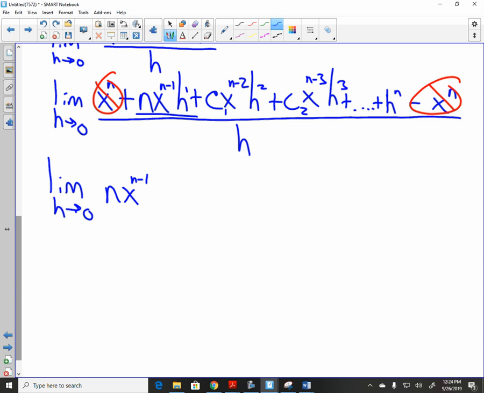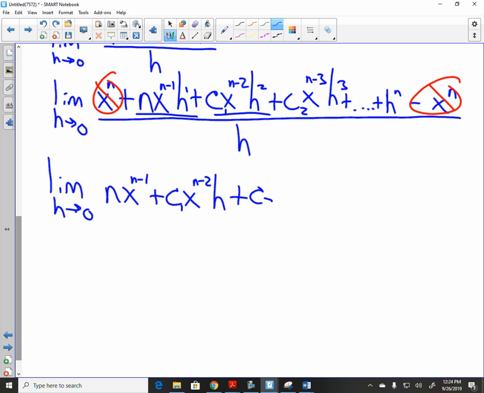n x to the n minus 1. What's left here? c sub 1 times x to the n minus 2 times h to the 1, because we divided off an h, right?